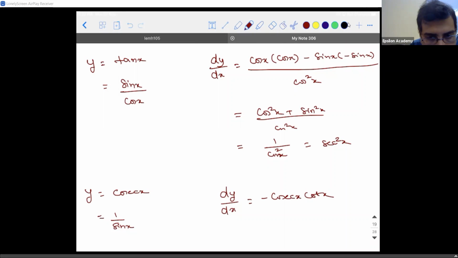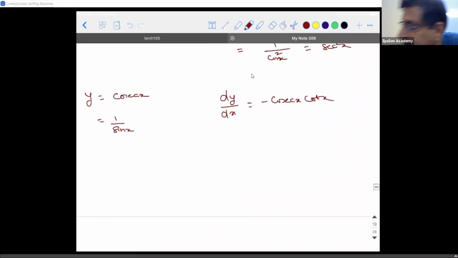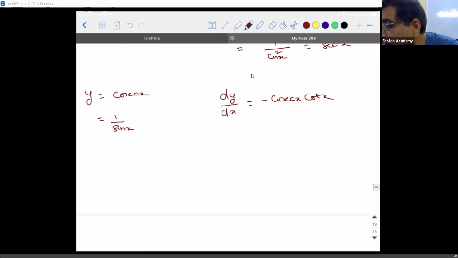I'm getting cosecant x into sin x, that is one term. Okay, listen. For those who don't know, listen. Denominator into the derivative of the numerator; the derivative of 1 is 0.